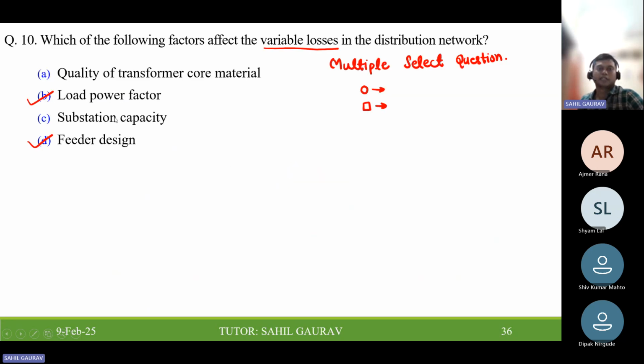Based on the feeder design, the length of the feeders is decided, while load power factor decides the amount of current flowing through that feeder. And option A and option C are incorrect. Option A is quality of transformer core material. It is not affecting the variable losses, and substation capacity is also not affecting the variable losses.